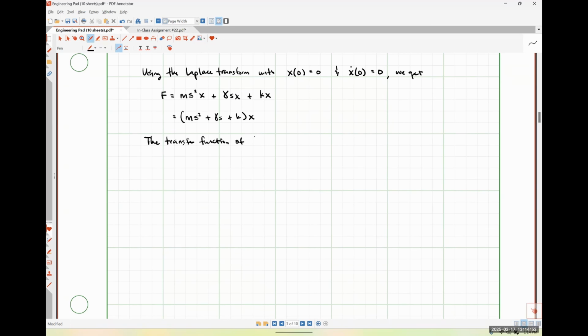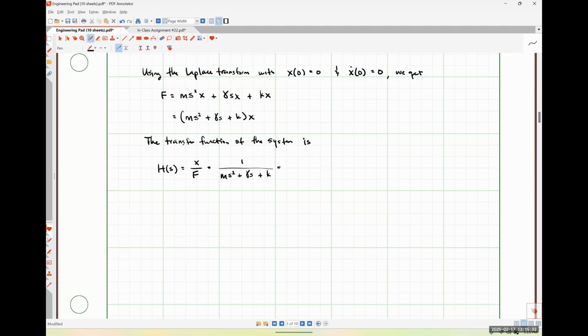The transfer function of the system is H(s) = X over F, and so that's going to be 1 over ms squared plus gamma s plus k.